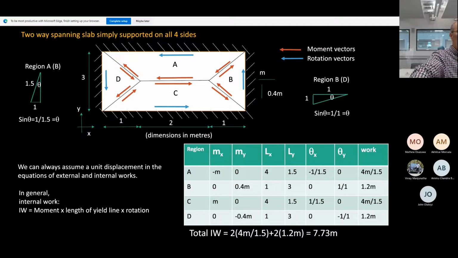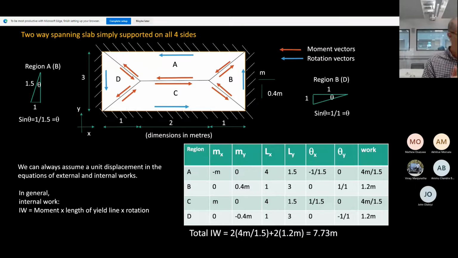Concentrate on this region, and it's rotating about this side. Use the right hand: it's going down like this about this edge, so the thumb gives you a direction like this, to the left. Clear, everyone? Yes? Okay?